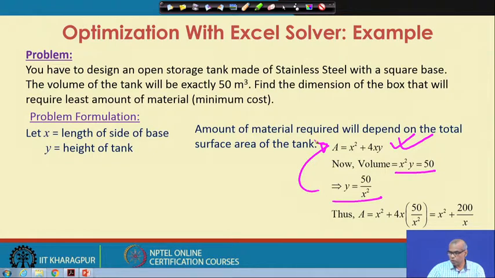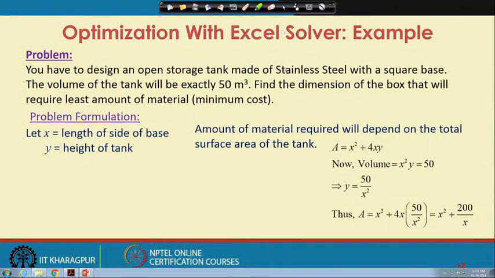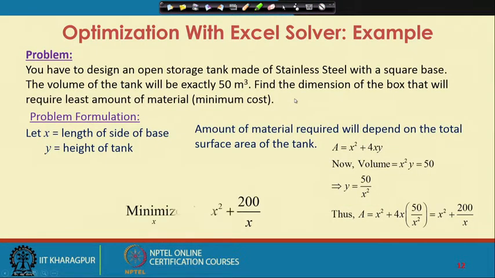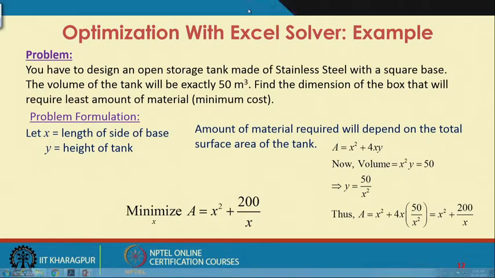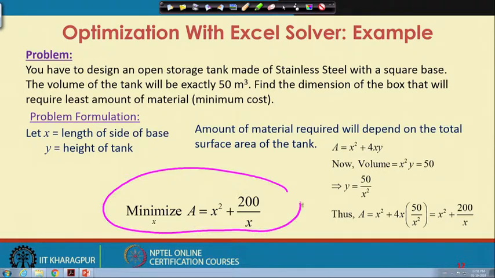So, by putting y equal to 50 by x square, I get an expression for area as A equal to x square plus 200 by x. So, the problem now becomes minimize A equal to x square plus 200 by x. So, I have to find out the value of x that minimizes x square plus 200 by x.